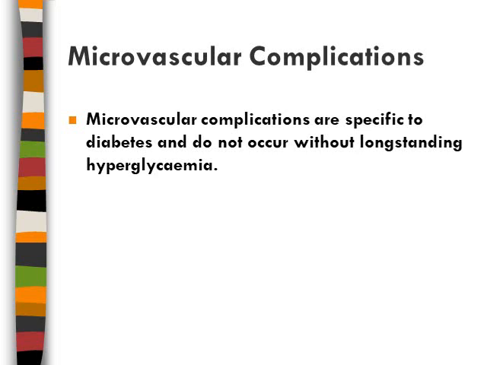As I discussed, macrovascular disease is due to the development of atherosclerosis, and behind atherosclerosis there is a combination of hyperglycemia, hypertension, and dyslipidemia. Even in the absence of hyperglycemia, some sort of macrovascular disease can be found. But in contrast to that, in microvascular complications, hyperglycemia plays the main pivotal role. Without hyperglycemia, microvascular complications cannot develop.